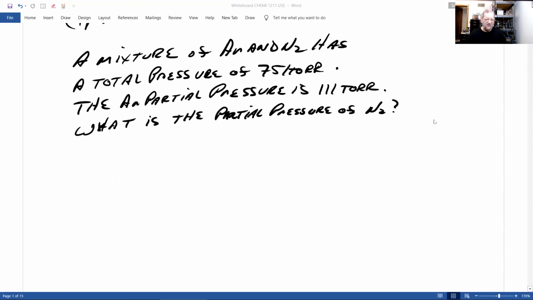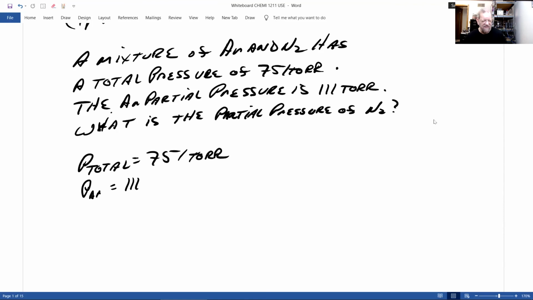So the question is, a mixture of argon and nitrogen has a total pressure of 751 torr, and the argon partial pressure, P sub Ar, is equal to 111 torr. What are we being asked to find? The partial pressure of nitrogen.